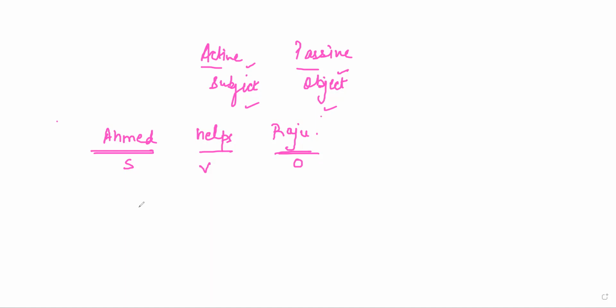Now, if I just change the order and if I say Raju is helped by Ahmed, okay? If I change this sentence as Raju is helped by Ahmed, so in this case, you see that I have interchanged the positions. I brought this object here, okay?